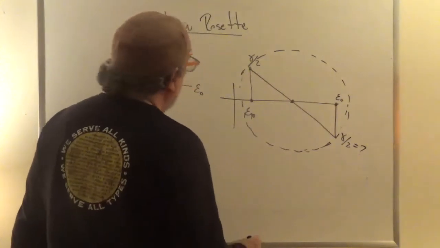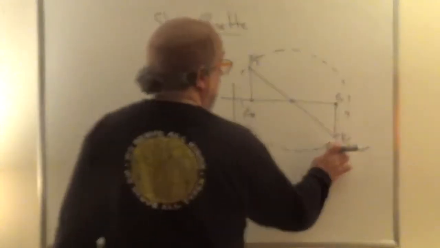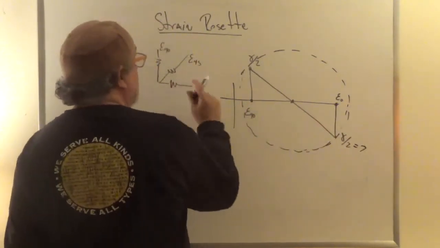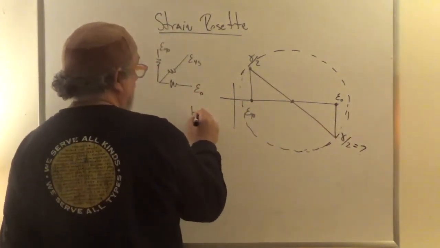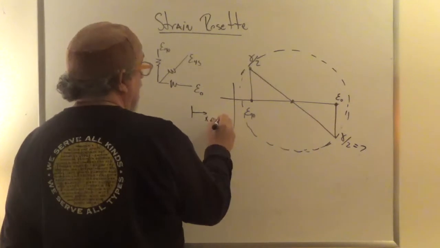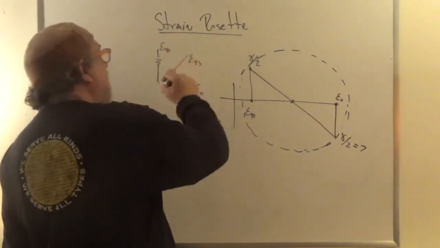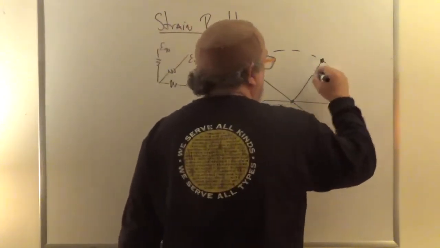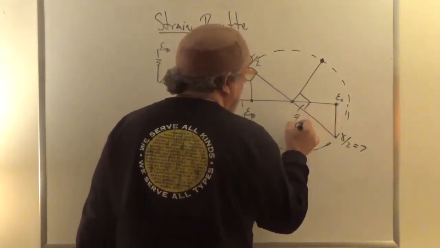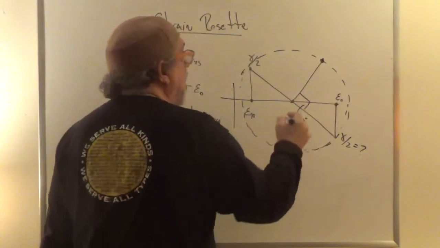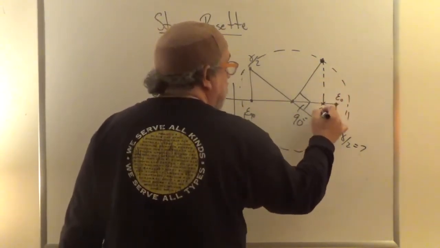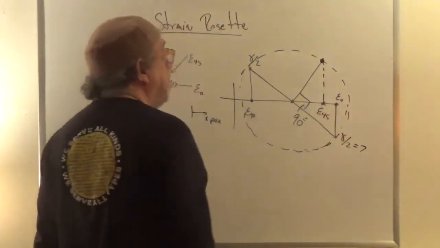Okay, so this here is the face, the X face, right? So if we want to know what is the strain in E45, we have to go 90 degrees, right? So here, this is 90 degrees, because it's twice in the circle. And so this here, if we read down, by definition, that's E45, right?